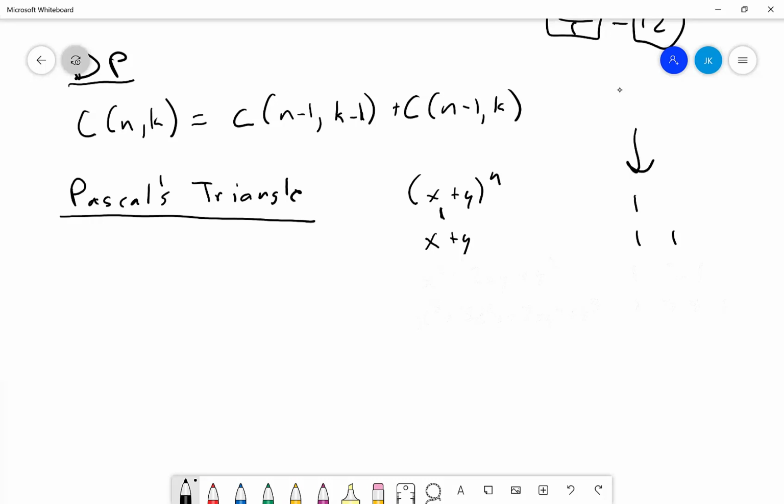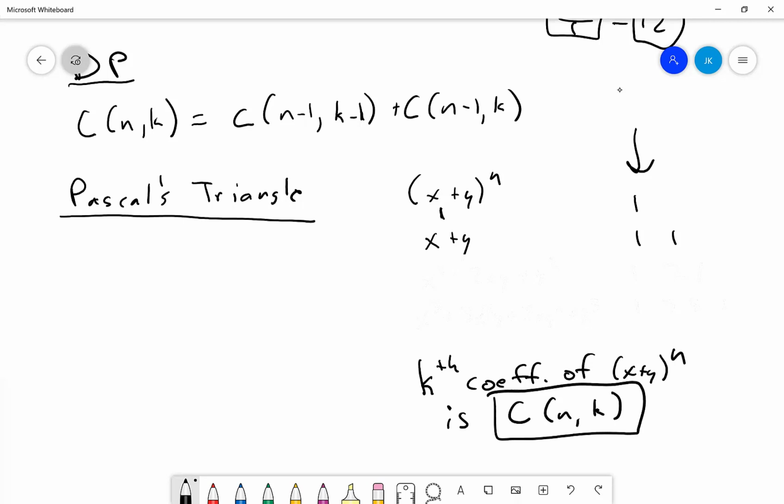And so these coefficients of the individual terms, the kth coefficient of x plus y to the n, is C of n, k. So those combinations are the coefficients of this value. Those are what the combinations are.